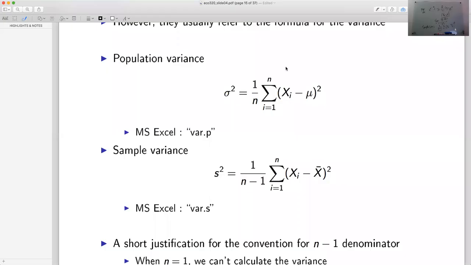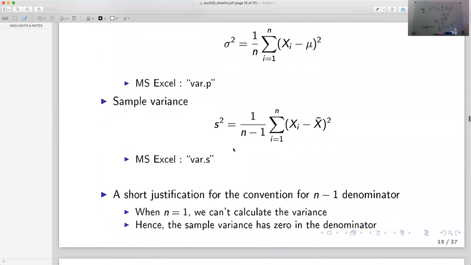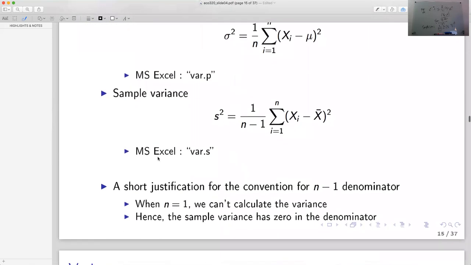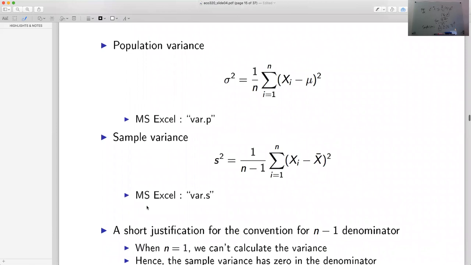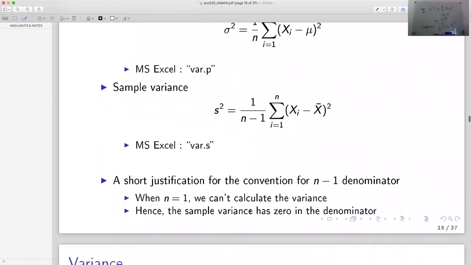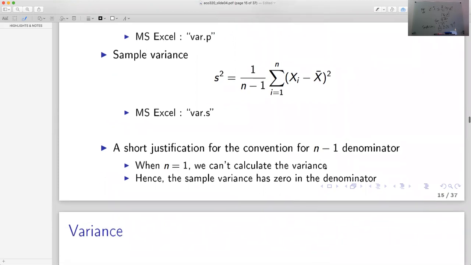So again, these were the two examples. In Microsoft Excel, you can use this one, but I will explain more of this concept in the R program later. The reason we use n minus 1 for a sample is that when n equals 1, we cannot calculate the variance. 1 over 0 cannot be defined, so that's why it's n minus 1.